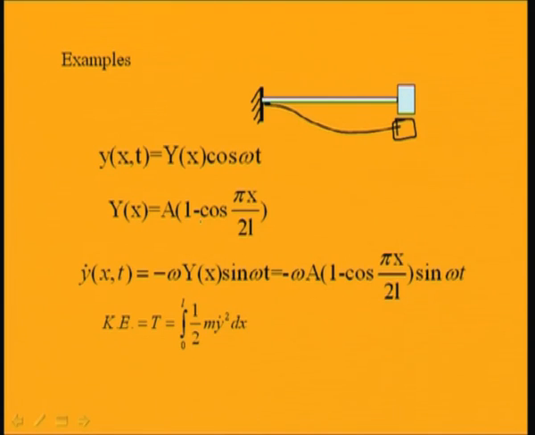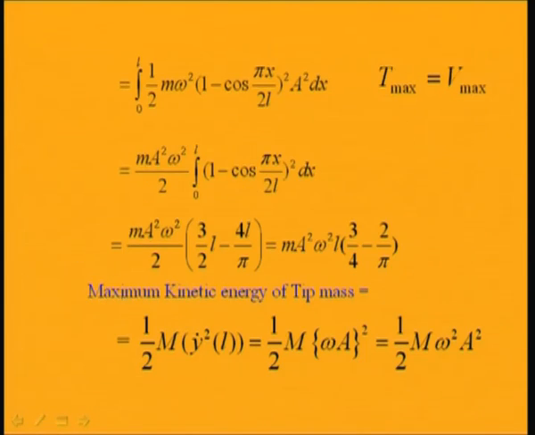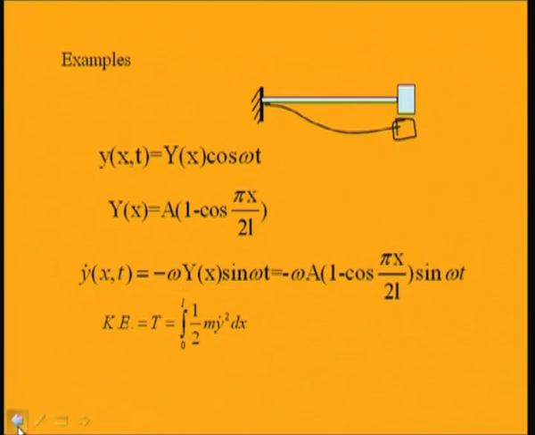So we satisfy this left hand boundary condition, that is, it will have slope 0 and displacement 0. So by taking this function y(x,t) equal to y(x) cos omega t, where y(x) equal to a into 1 minus cos pi x by 2l, we can find the natural frequency of the system.